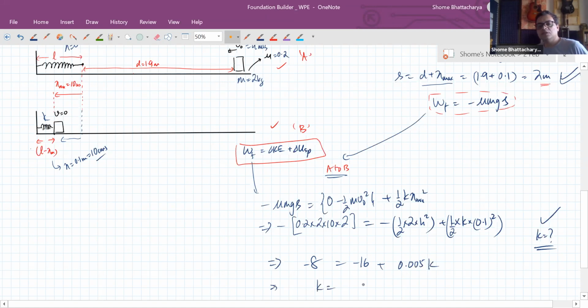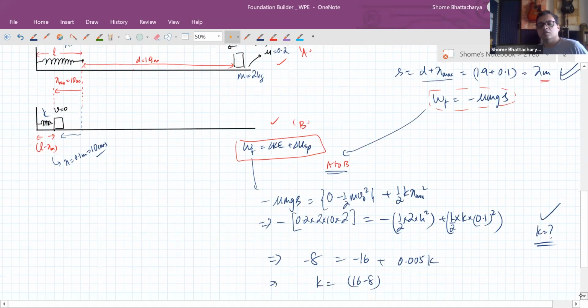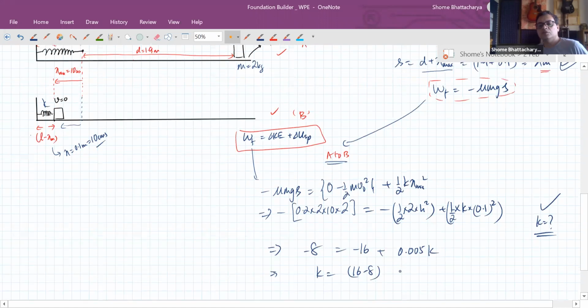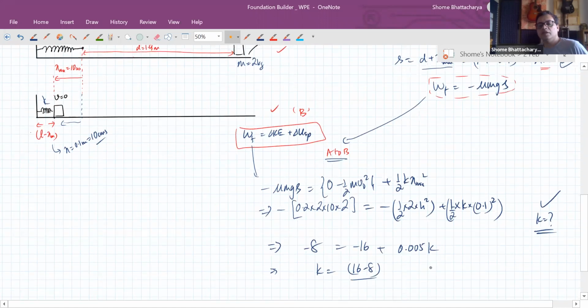So K, as you can see, is becoming 16 minus 8 upon 0.005. So K is equal to 8 upon 5 into 10 raised to the power 3 in newtons per meter, or we can say it is 80 by 3 newton per centimeter. So this is the second part. We have to find the value of K. So this is how we have found out the value of K.